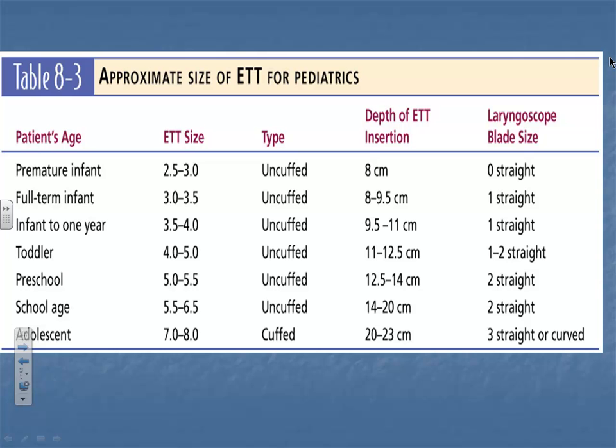If I put this through the wide part down to here, I don't need this balloon because this is going to be tight around there. So you don't need that balloon in a pediatric patient until they're probably about 7 or 8. So say you don't have an uncuffed tube, can you use a cuffed tube and just not inflate it? Yeah. Good move.